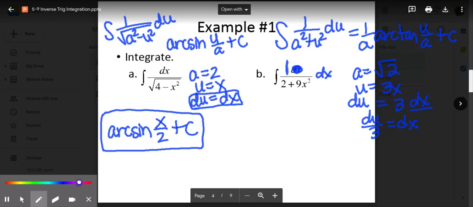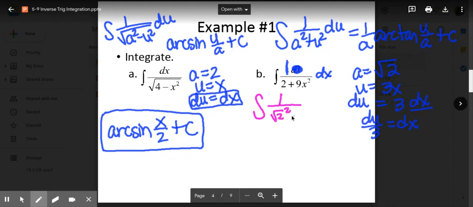So I'm going to do a u substitution. I'm going to trade out my color here. So when I do this, I'm going to have the integral of 1 over the square root of 2 squared plus 3x squared, and then the dx.